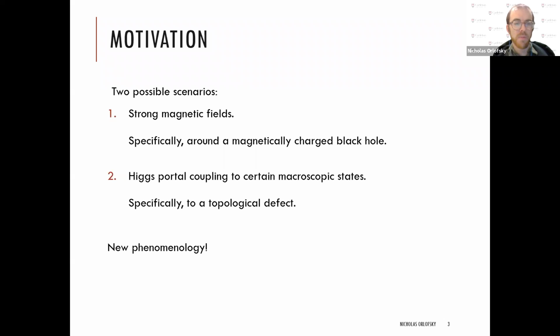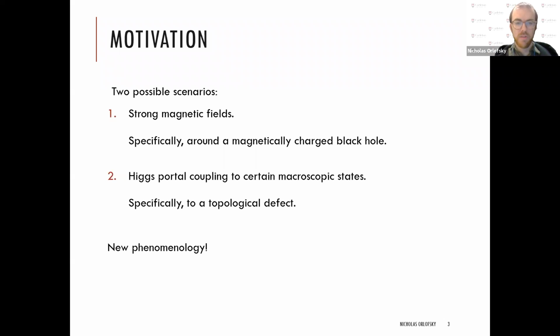If time permits, I'm going to talk about two different kinds of relics. There's a high likelihood I'll probably only end up talking about the first, which is inside of strong magnetic fields, and in particular, if you have magnetically charged black holes, then with just the standard model and general relativity, you can have these sorts of things.